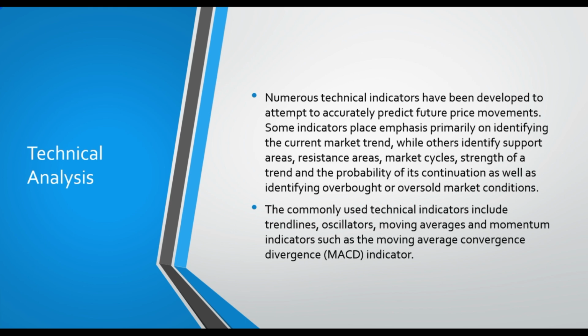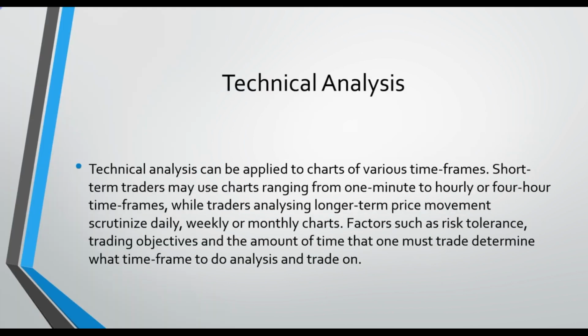The commonly used technical indicators include trend lines, oscillators, moving averages, momentum indicators, wave analysis, cycle analysis, and we have popular indicators like MACD and Bollinger Bands. Technical analysis can be applied to charts of various time frames.